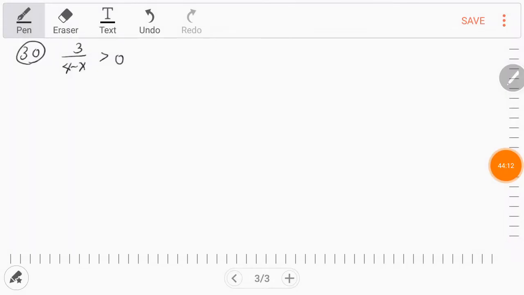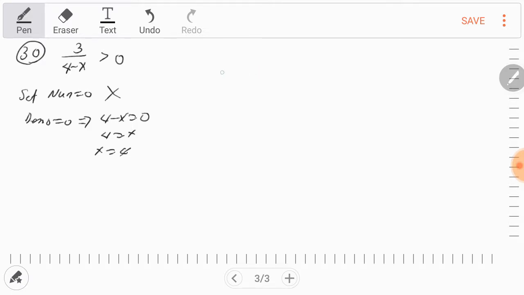So let's try some examples. All right, let's solve this inequality. First, set the numerator to 0. Since the numerator is 3, it cannot be 0, right? How about the denominator equal to 0? This means 4 minus x equals 0, then 4 is equal to x, so x equals 4.